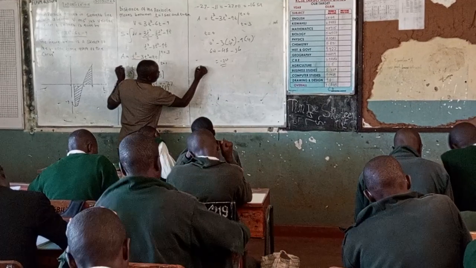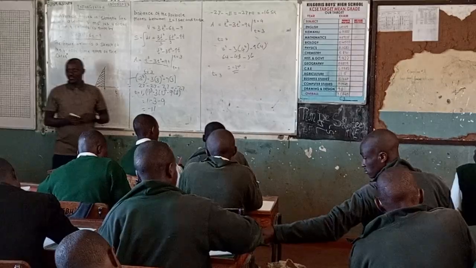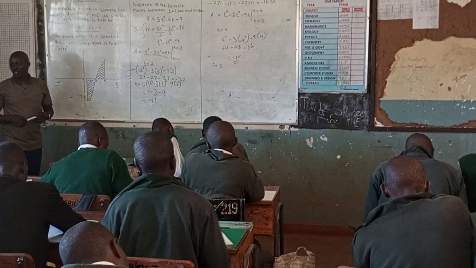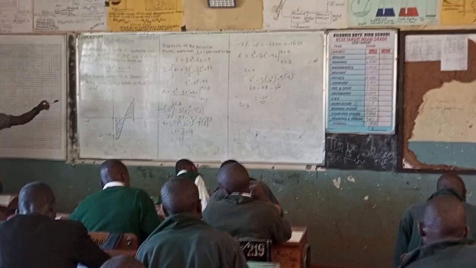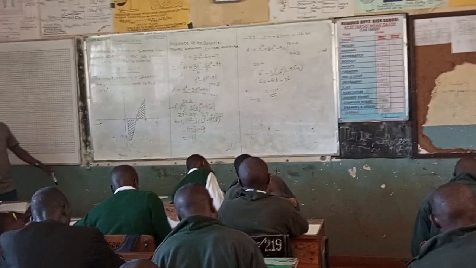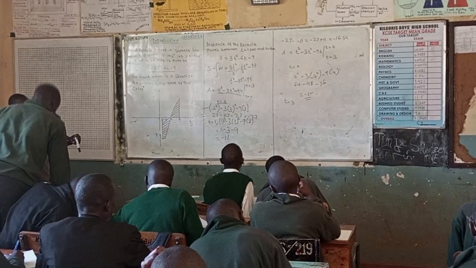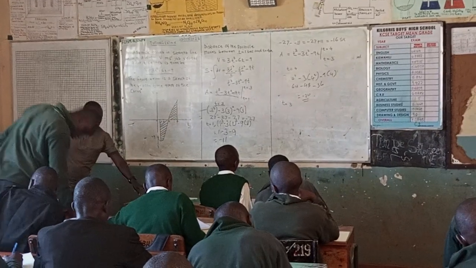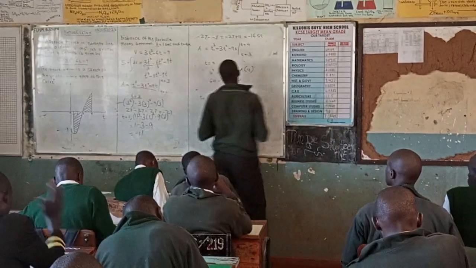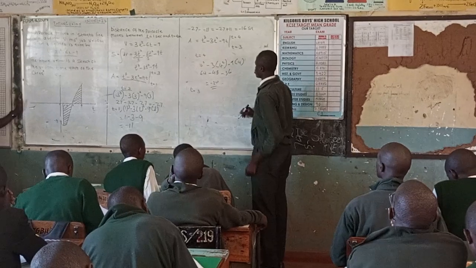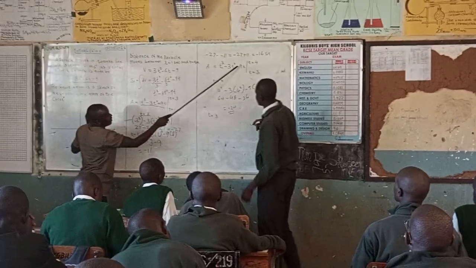Somebody else now come and try when t is equal to 3. Steven, when it is equal to 3, come and substitute there. Now you hear the class. We have t cubed minus 3t squared minus 9t.